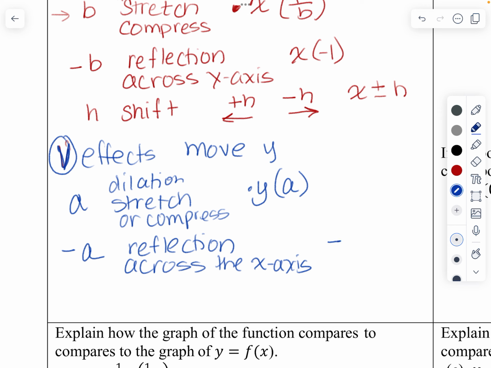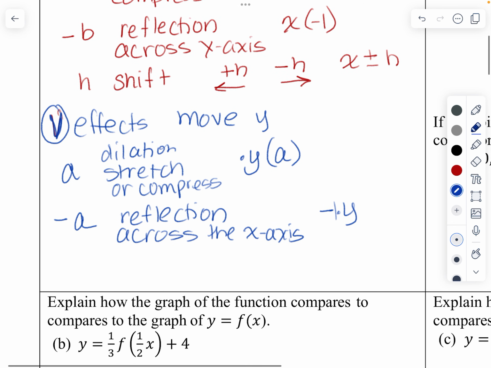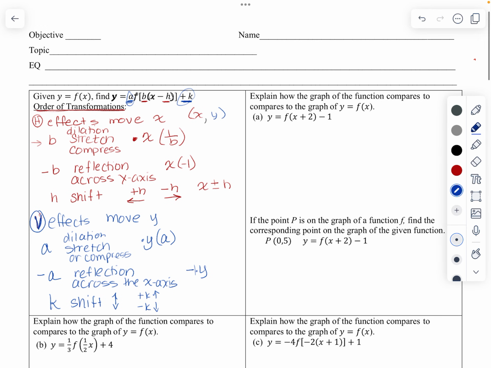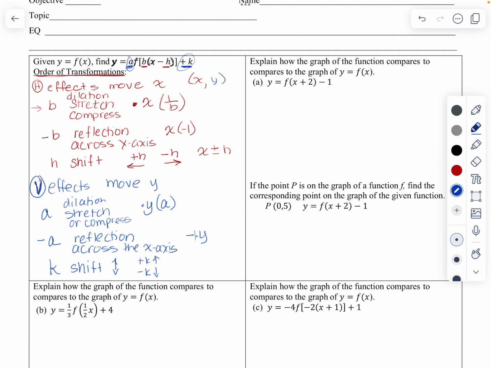So that just means you're going to do negative times your y value, or -1 times your y value, or negative A times your y value. That'd be fine as well. All right, and then your K is a shift up or down. And so if it says plus K, you're going up, and if it says minus K, you're going down. Okay, so you have multiplication and you have addition and subtraction. That's what you have there.